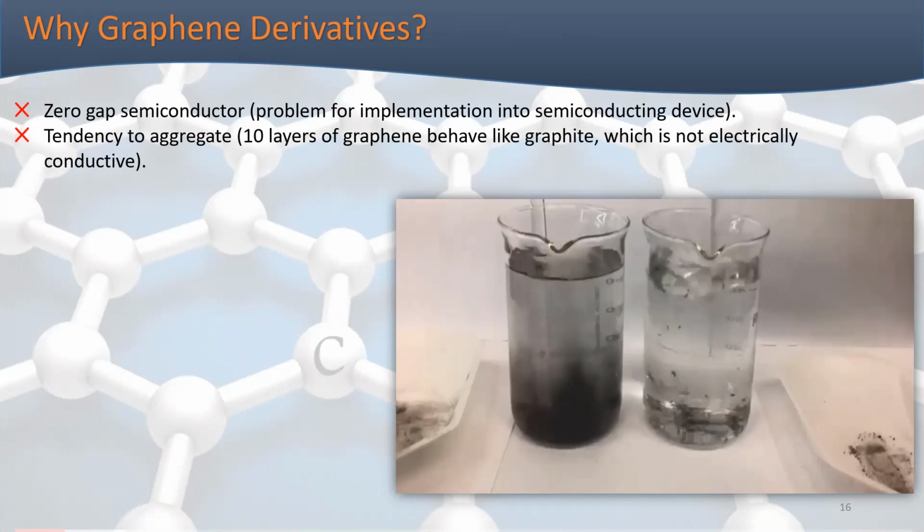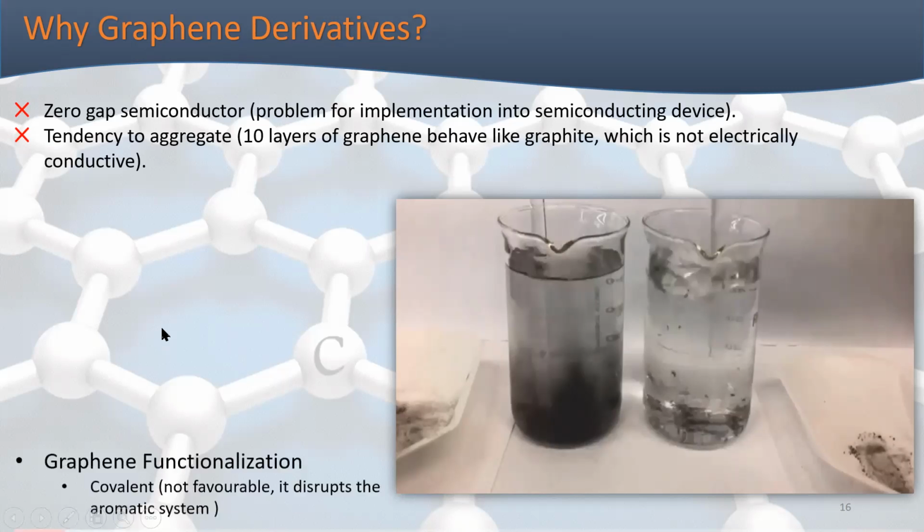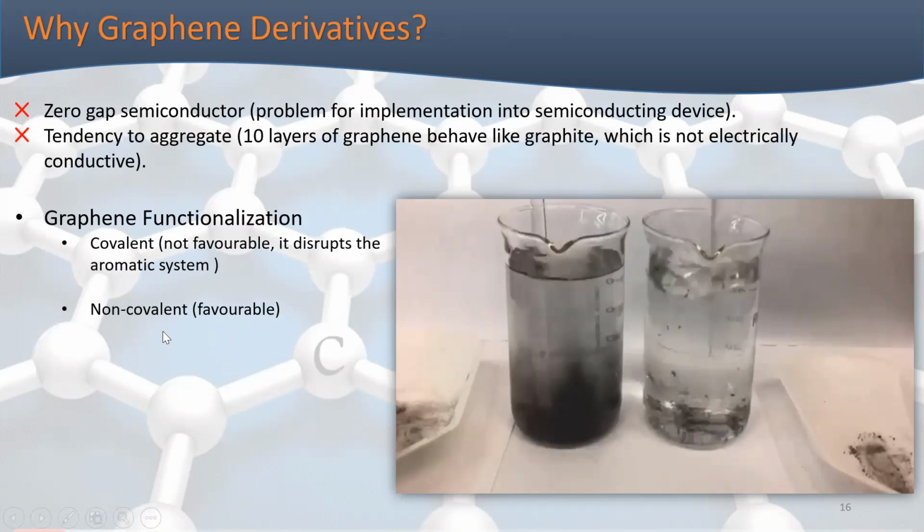Some graphene properties limit its applications, such as dispersibility in water and being a zero-gap semiconductor, a problem for implementation into semiconducting devices, and the tendency to aggregate, as I've mentioned in the earlier slides. So 10 layers of graphene behave like graphite. However, this can be tuned by functionalization.